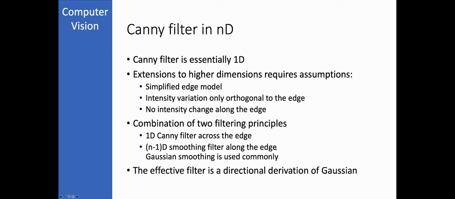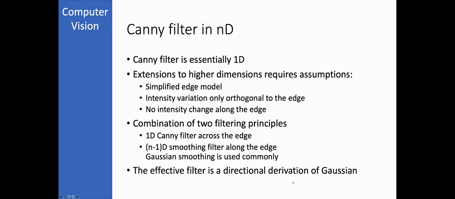Second, 1D is prone to noise. Notice that in 2 dimensions or in higher dimensions, I can have noise in various different directions. So I will combine 2 different principles. I will be doing Canny filter or edge detection in 1 dimension, preferably across the edge. And in the remaining n-1 dimensions, I will smooth the image to get rid of the noise. So I will use preferably a Gaussian smoothing operator.